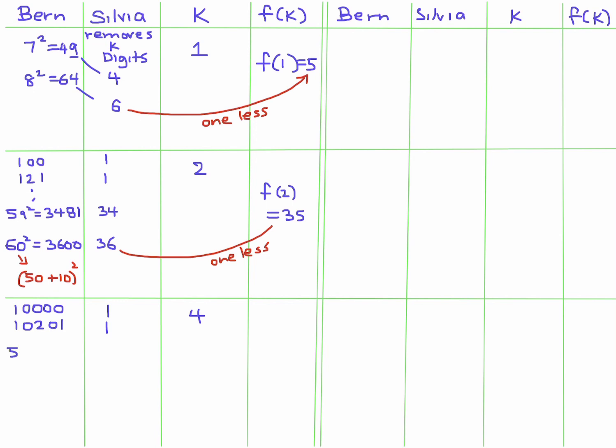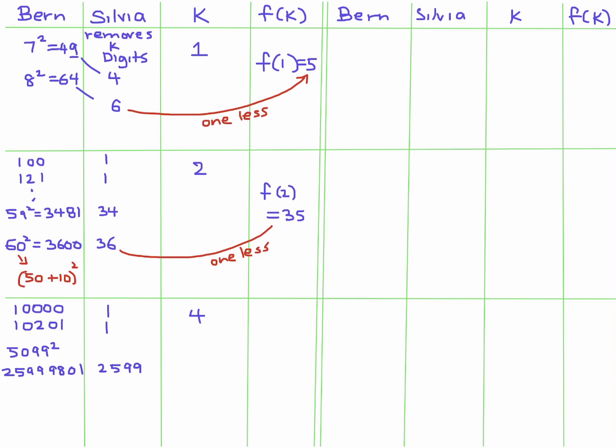This continues until you get to 5099 squared, which is 25999801, and when you remove these 4 digits, you get 2599.